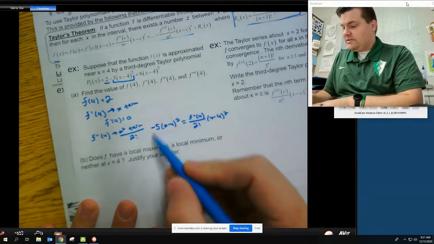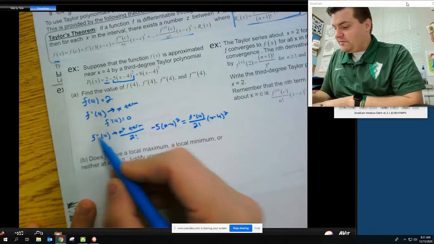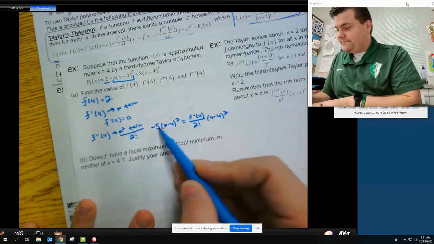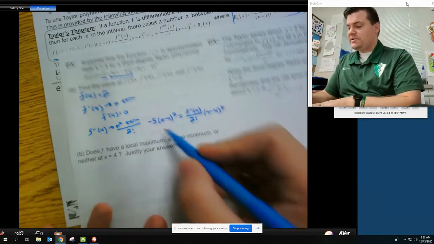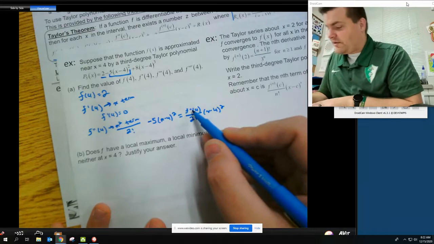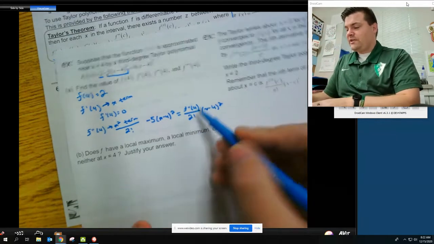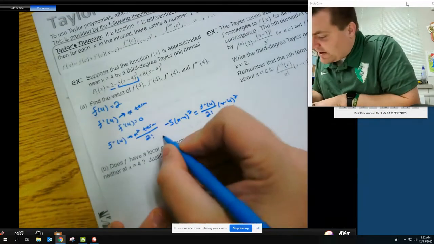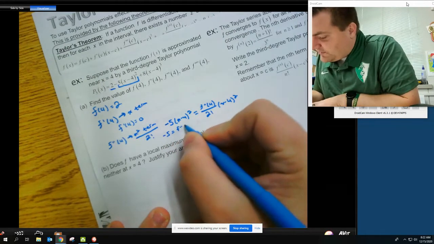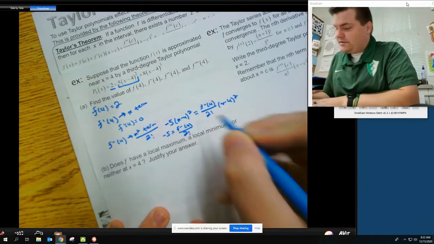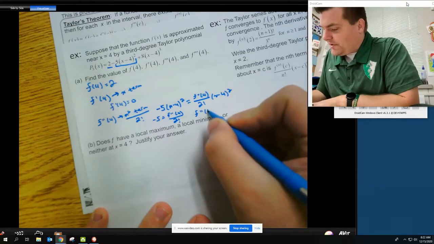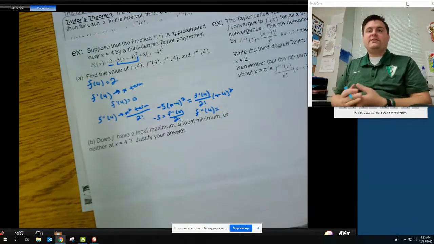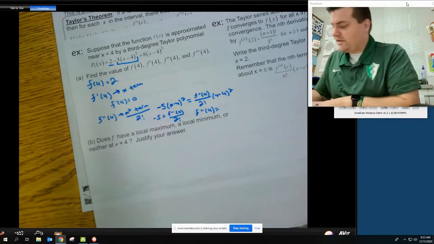Okay, so this is all for the second derivative. So the x minus 4 squared is x minus 4 squared. So the coefficient, this was negative 5, and this one's the second derivative divided by 2 factorial. So really, we got negative 5 is equal to the second derivative of 4 all over 2 factorial. So you just need to multiply both sides by 2 factorial. You're going to get f double prime of 4 to equal negative 5 times 2 factorial. 2 factorial is 2, so I'm going to get negative 10.